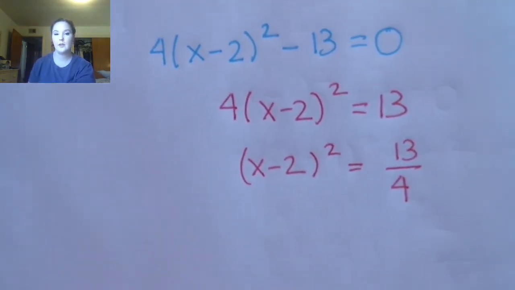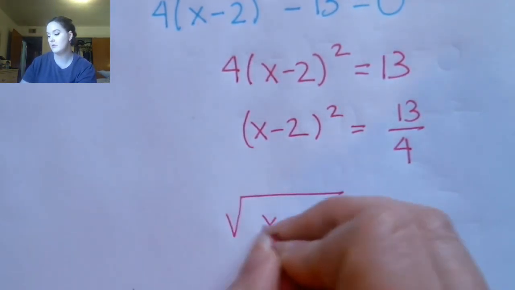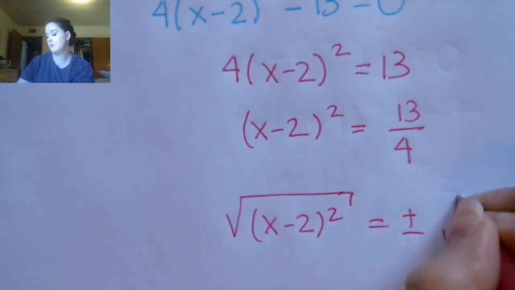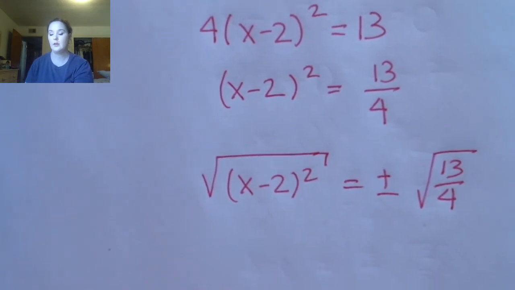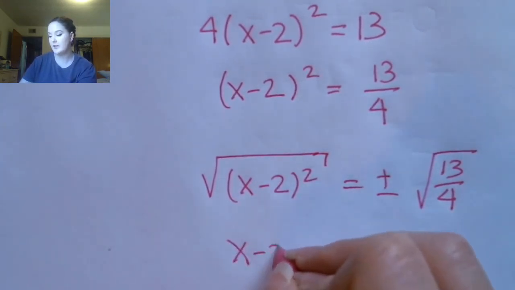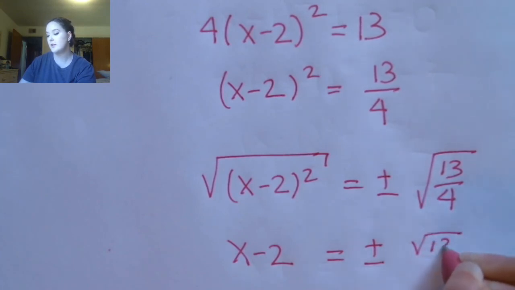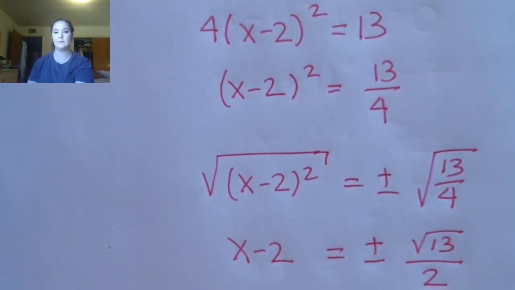Okay, now I'm going to take the square root of both sides. Okay, so this side is going to simplify to x minus 2, and this side I'm going to get plus or minus. 13 isn't a square, but 4 is, so I'll get root 13 over 2.